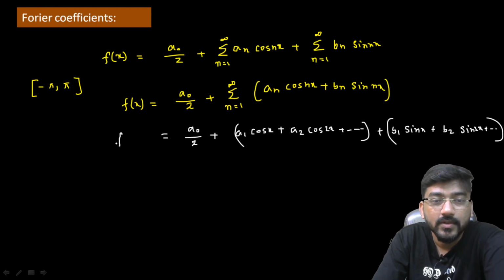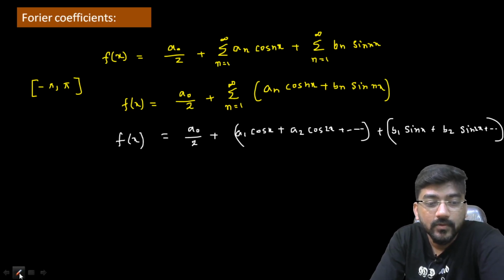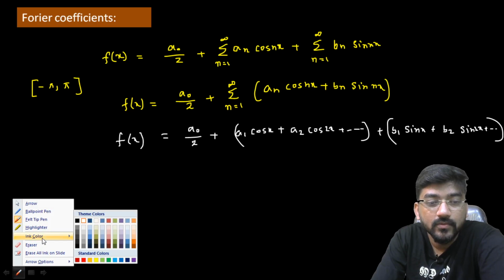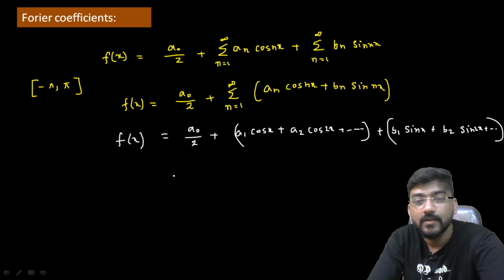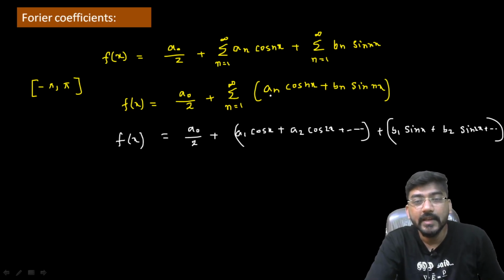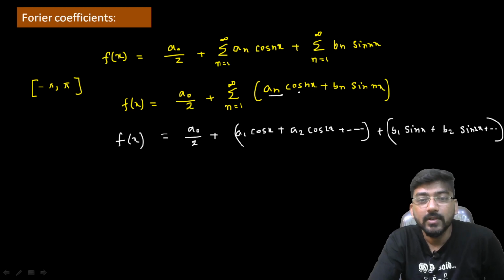So this is f of x. Now if you want to find the coefficient an, then you have to multiply both sides by cos nx.